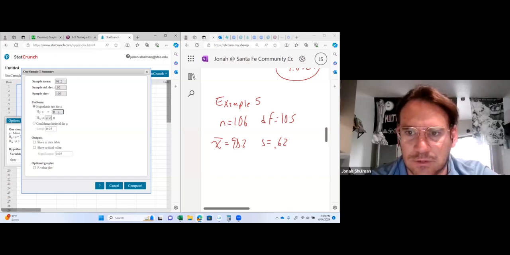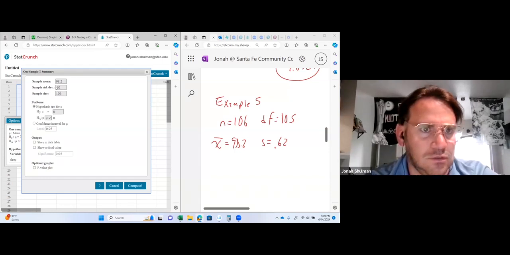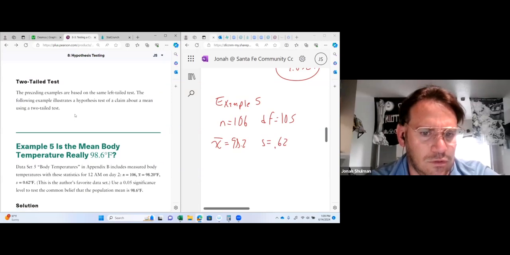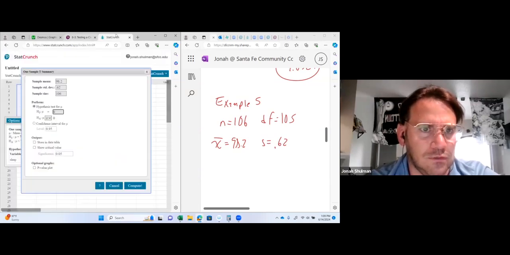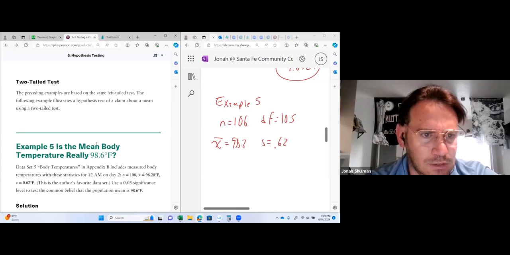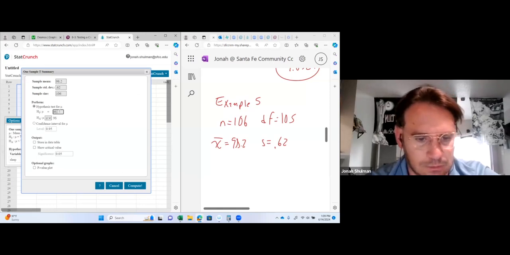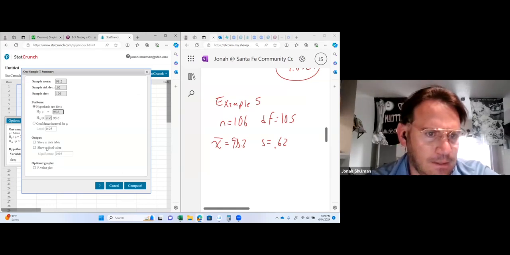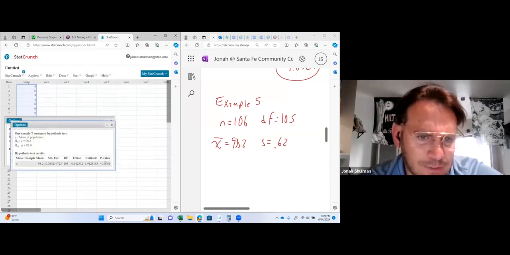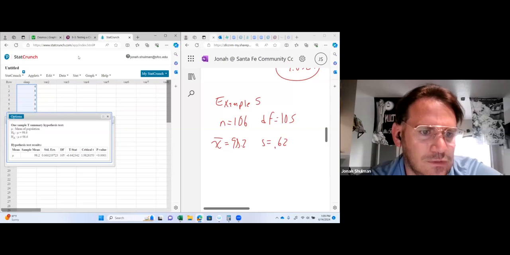And our hypothesis test is, we want to know 98.6. We don't know which way it goes. So it's 98.6. And I want to show the critical value. Compute. It's significant. There's our t statistic. There's our critical value for t. We've got everything we need to solve it.